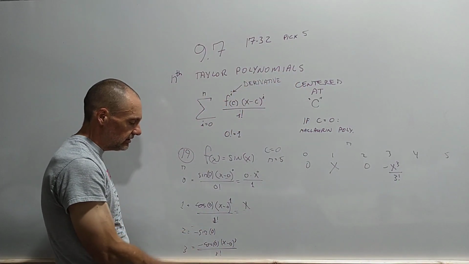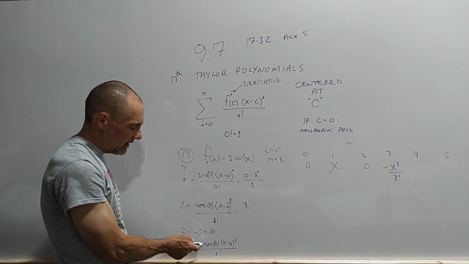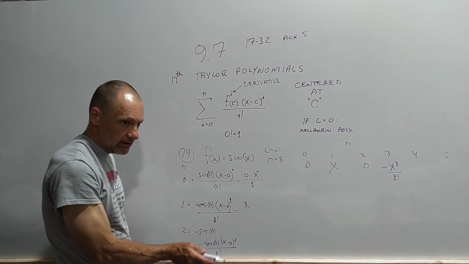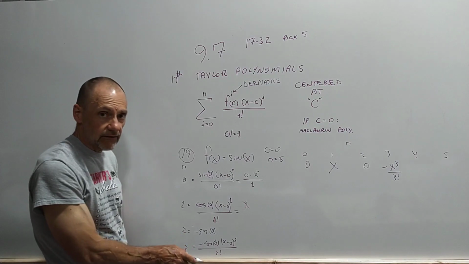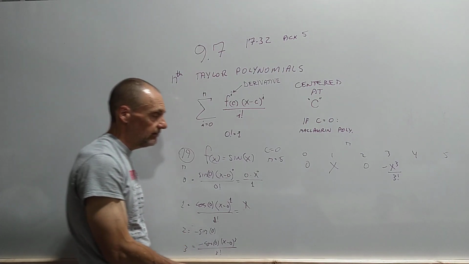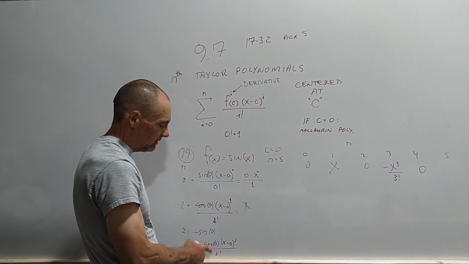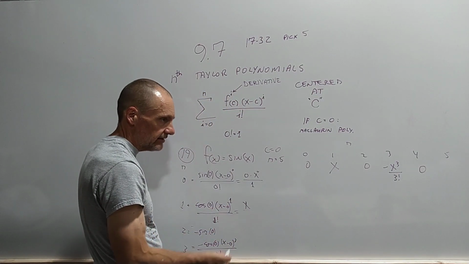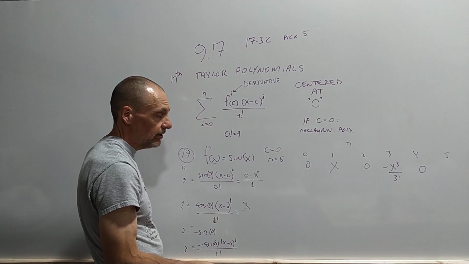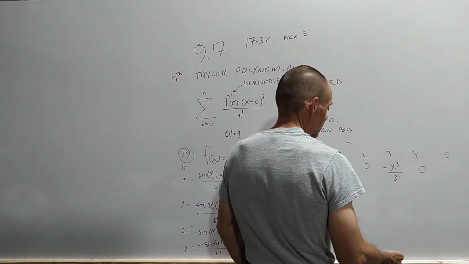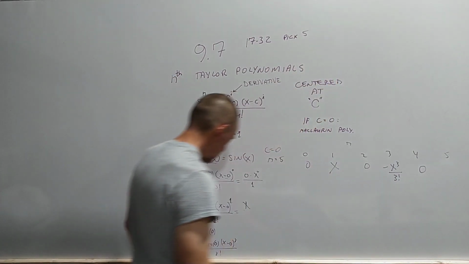If you do this, you're going to see that the next one is, the derivative of cosine is negative sine, and it's got a negative in front of it, so it's going to be positive sine, but it's going to be 0, right? And then the next one is the derivative of positive sine, which is going to be... wait a minute.